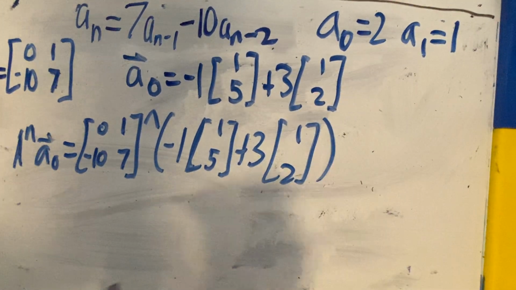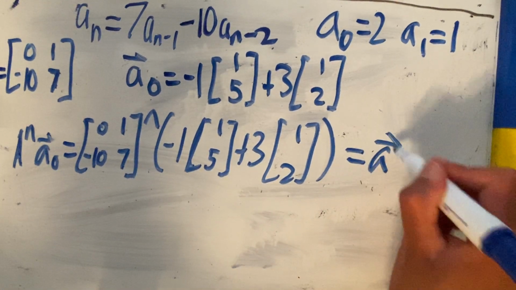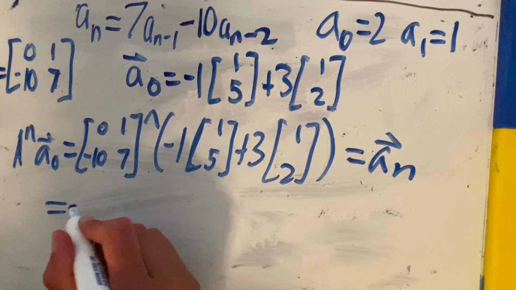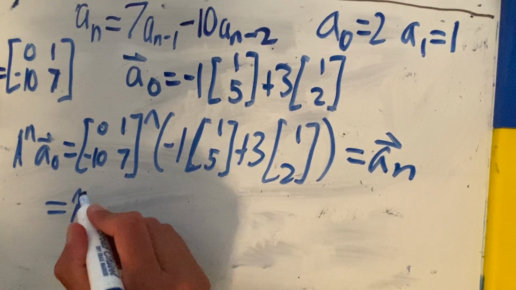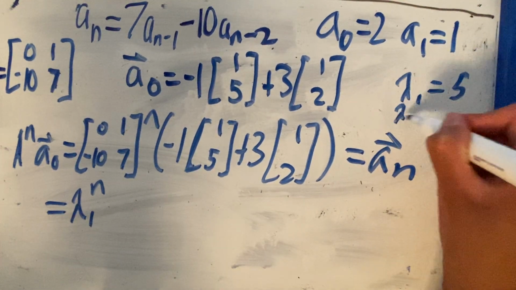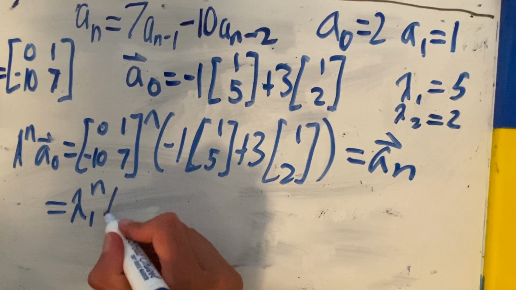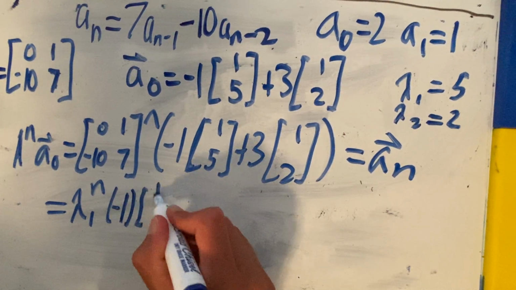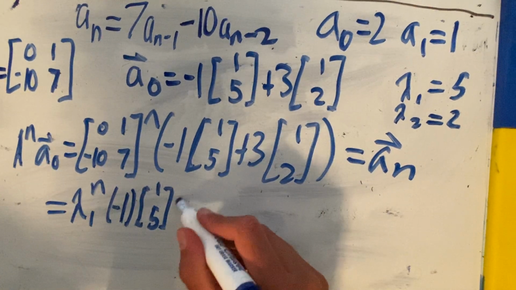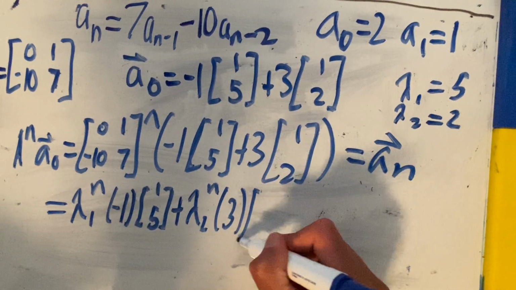And again, this is where the power of eigenvalues comes in. So first of all, this is going to equal lambda 1 to the nth power. Recall, lambda 1 was 5, lambda 2 was 2. So lambda 1 to the nth power times minus 1 times 1, 5 plus lambda 2 to the nth power times 3 times 1, 2.